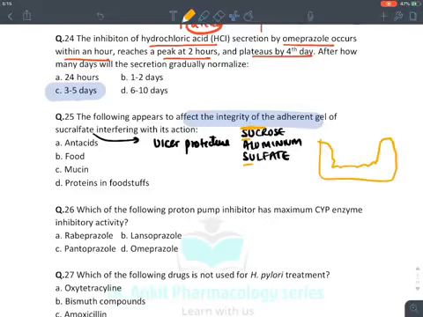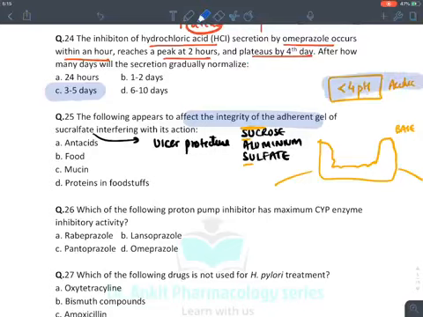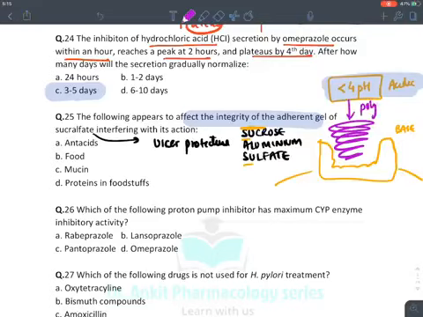Now, how does it produce its action? Suppose this is an ulcer and this is an ulcer base. Now, at a pH less than 4, when it is acidic, remember, sucralfate polymerizes. In acidic pH, sucralfate polymerizes along with proteins present in food as well as in the dead cells.